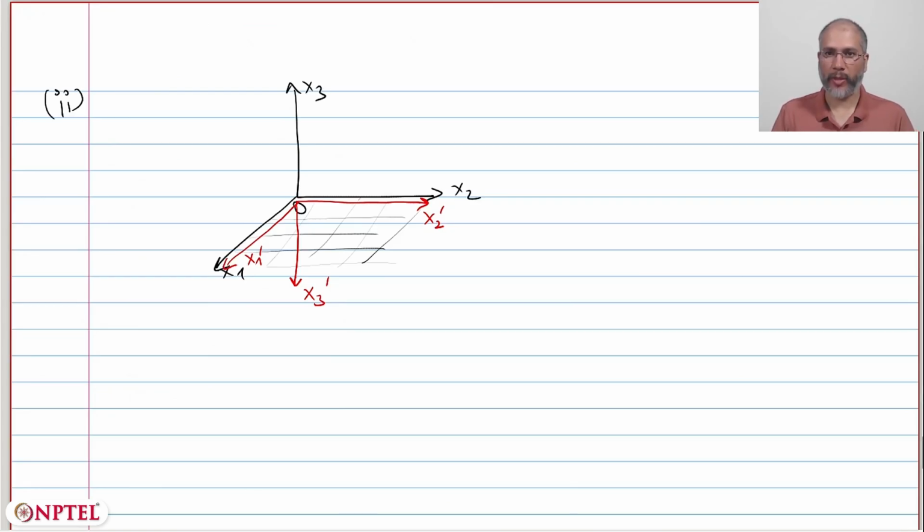Now with this reflection, our primed coordinate system is no more a right-handed coordinate system. It becomes a left-handed coordinate system because e1 prime cross e2 prime is minus e3 prime. And as I said, we don't really work with these coordinate systems in continuum mechanics typically, but we just want to show you that whatever rules we have developed, they also work for other kinds of transformations of coordinate systems.